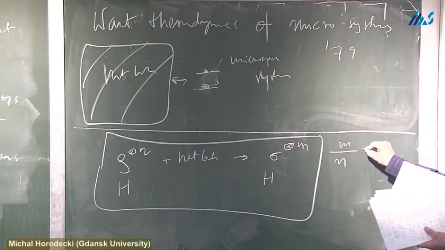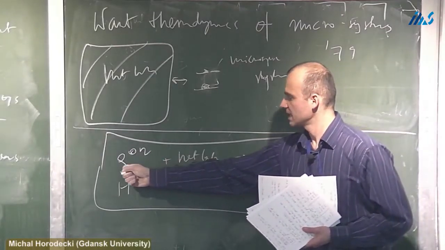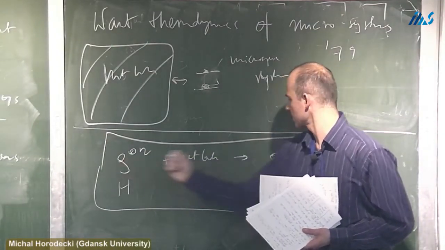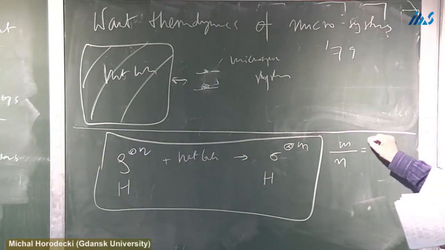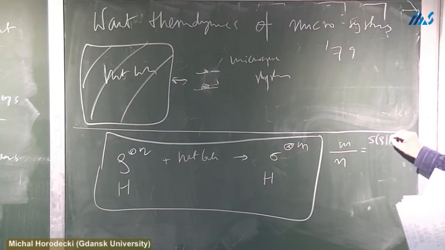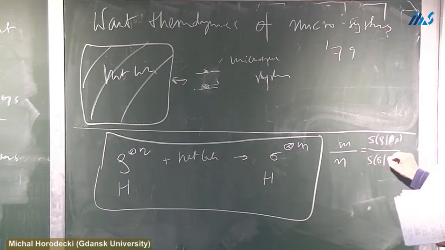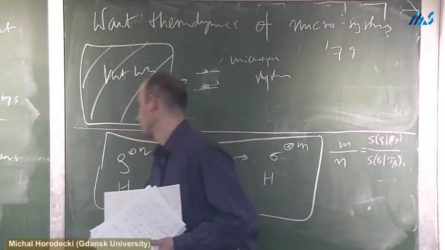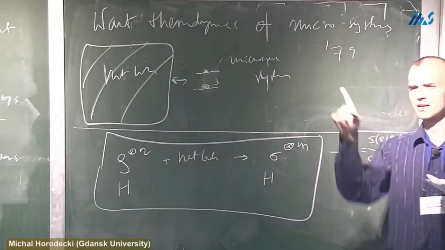a distance of these states from an equilibrium state. So it's the relative entropy distance of rho from a Gibbs state.